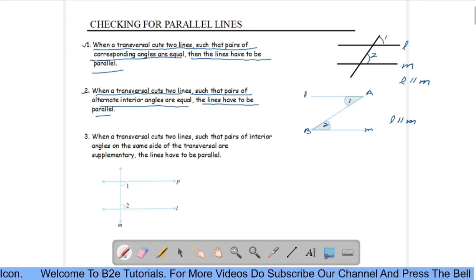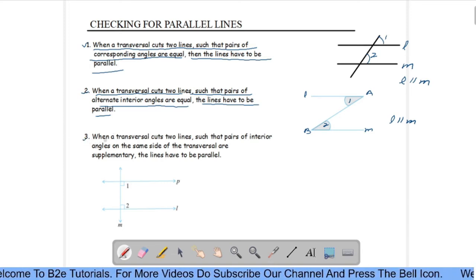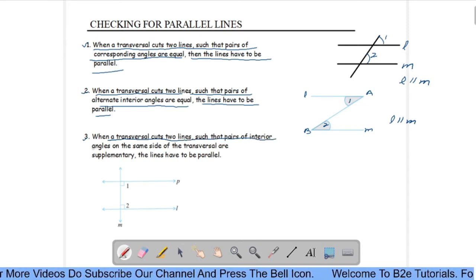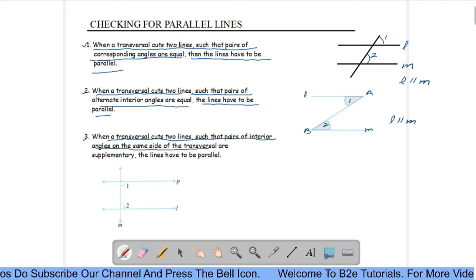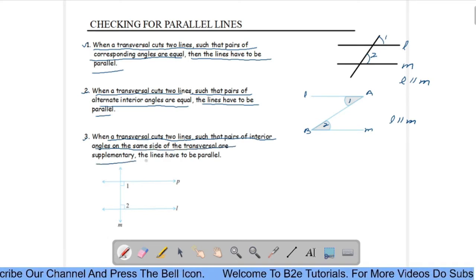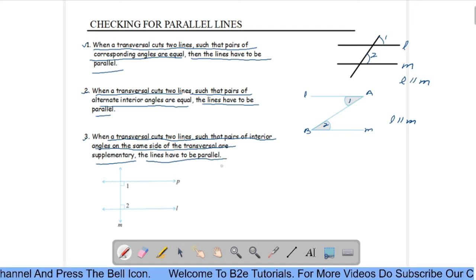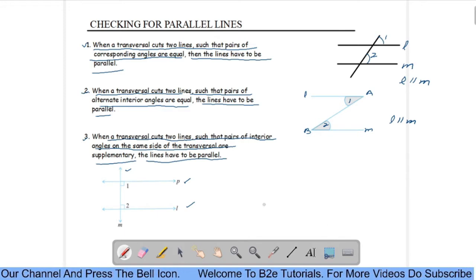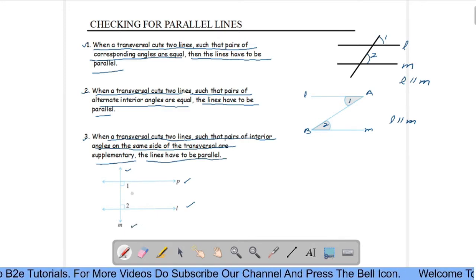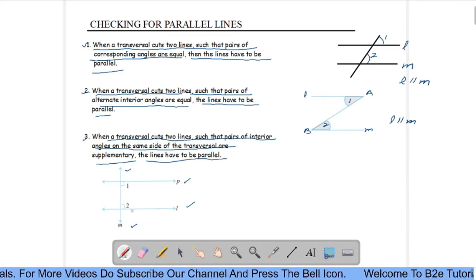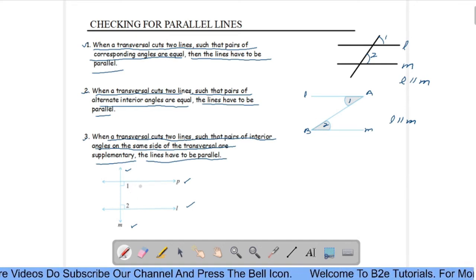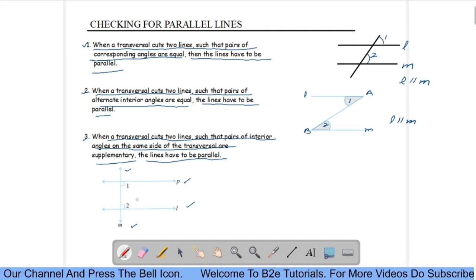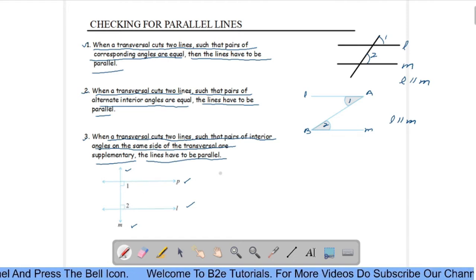Now come to third part. When a transversal cuts two lines such that pairs of interior angles on the same side of the transversal are supplementary, the lines have to be parallel. Here we have taken two lines P and L intersected by a transversal M. Here angle 1 and angle 2 are angles on the same side of the transversal, and angle 1 is 90 degrees and angle 2 is also 90 degrees.